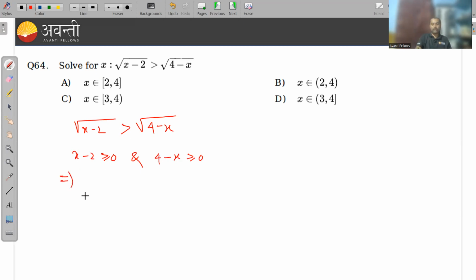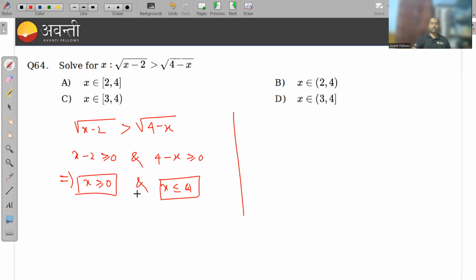So by solving these, we get x is greater than or equal to 2, that is one solution, and x is less than or equal to 4, that is another. From both inequalities, x is greater than or equal to 2 and less than or equal to 4. This is the solution we got here.